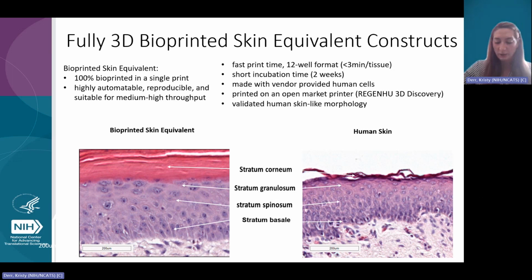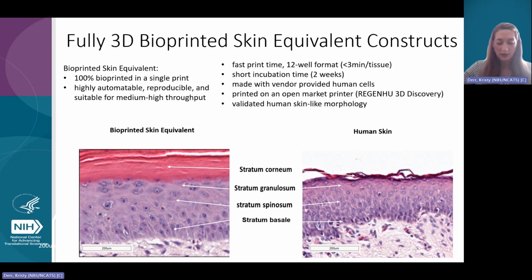And right now we are mostly using a 96 well transwell platform to develop our protocols. But for this publication, we did use a 12 well format, and each tissue took less than 3 minutes to print, very short incubation time, and we had a fully mature tissue in 2 weeks.